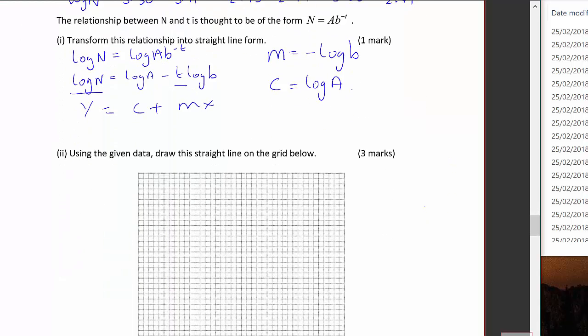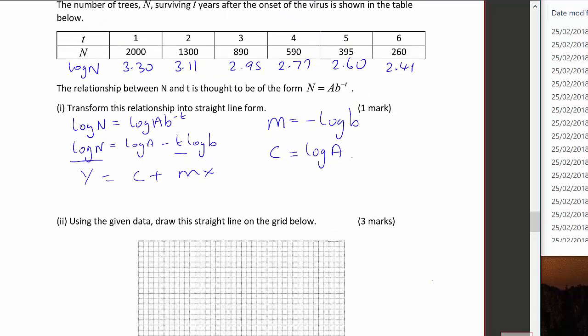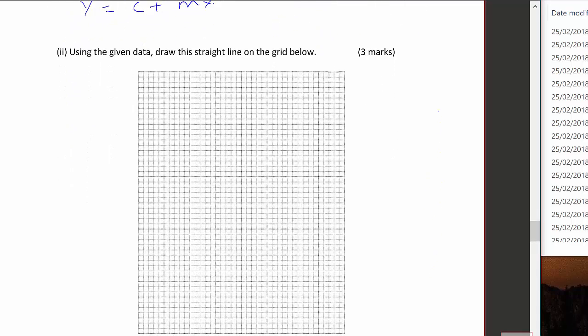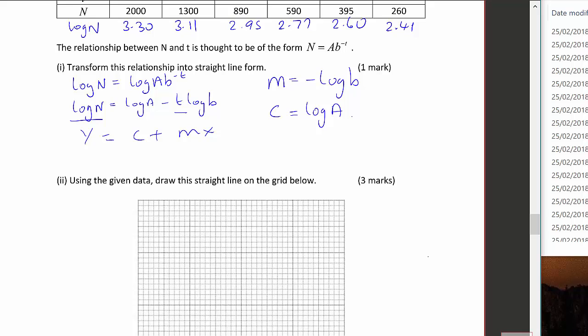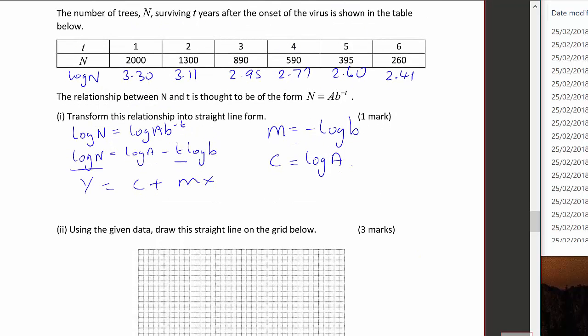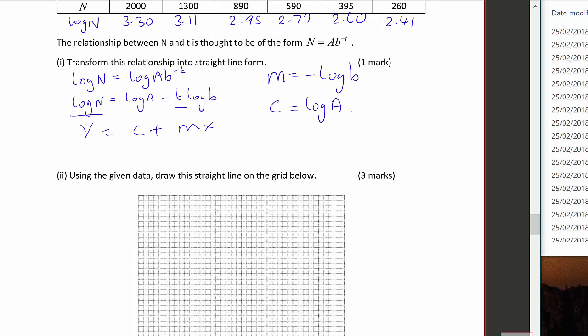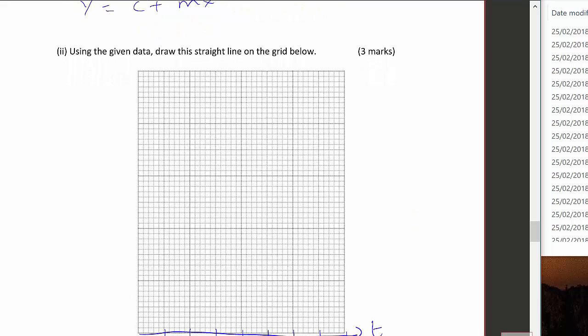And then we want to plot this. So our t values go up to 6. So there's t, 1, 2, 3, 4, 5, 6. And these values go as far as 3.3.